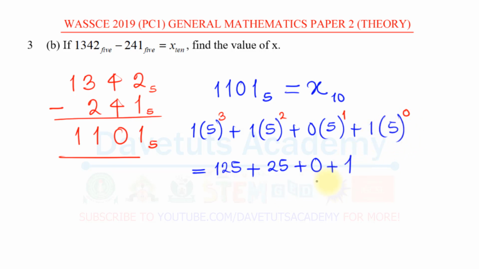So we have 125 plus 25, that is 150, plus 0 and plus 1, that is 151. So this is equal to 151.